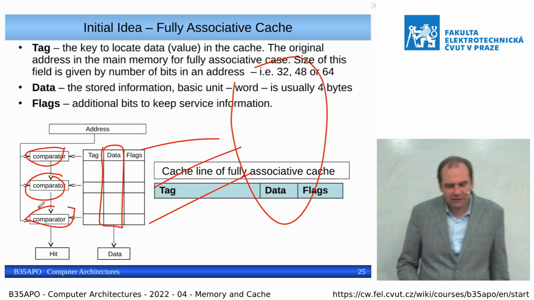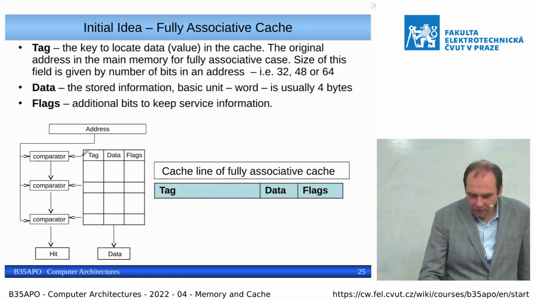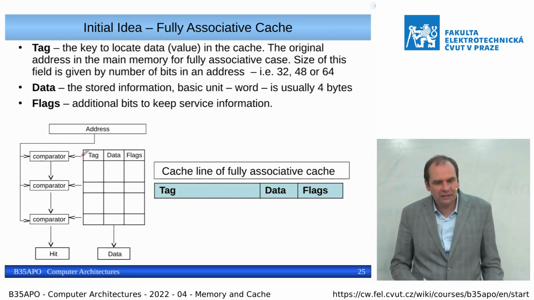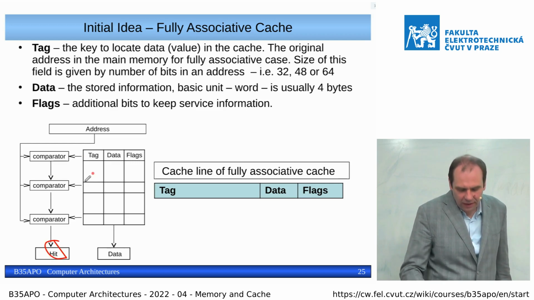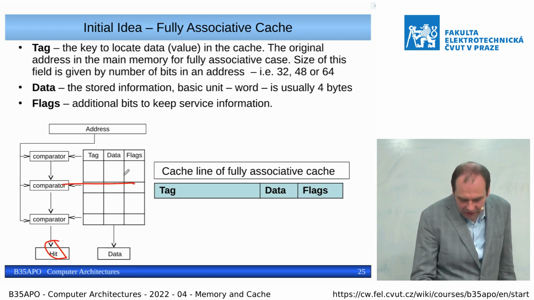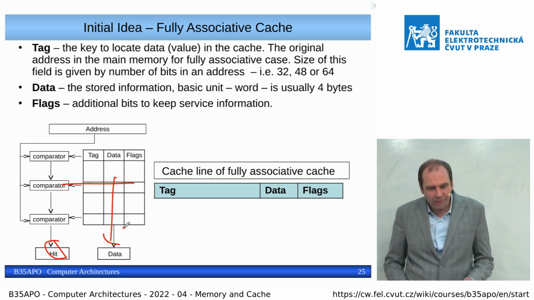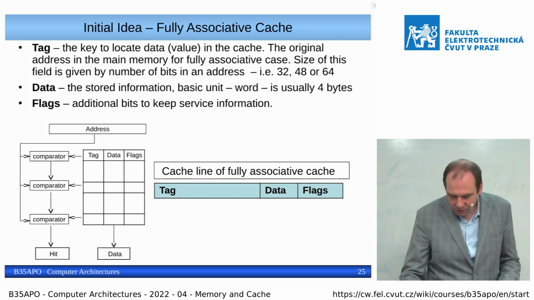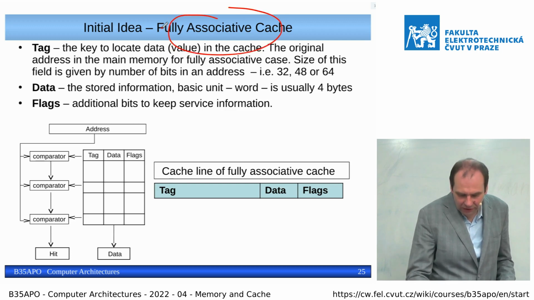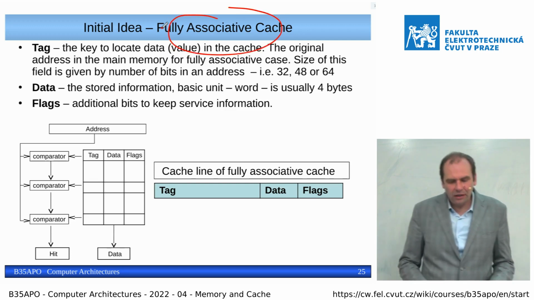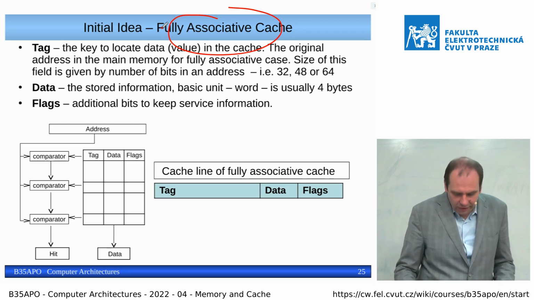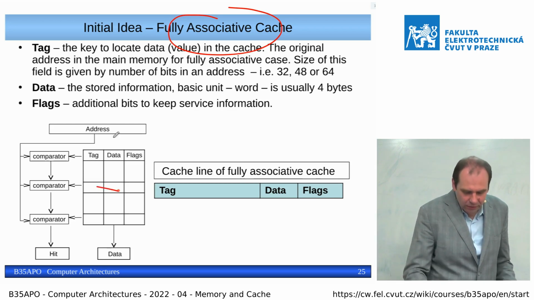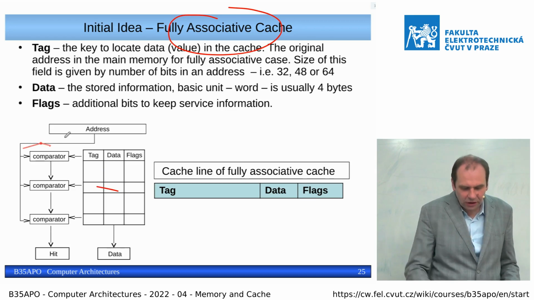If there is a match, we know there is a hit, and we take the actual data from the row where the hit occurred. But this is quite expensive. This is called a fully associative cache, which allows storing an arbitrary address in an arbitrary location of the cache, but it is expensive.